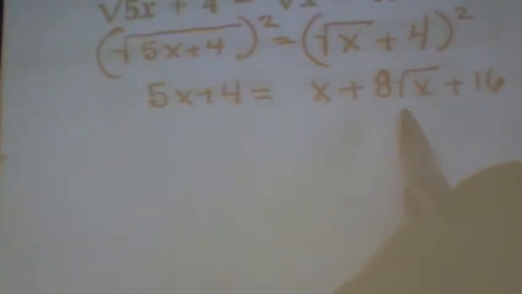You wanna get this by itself, this 8 root x, you wanna get it alone. So these two, ship them to the other side. We're gonna subtract an x, and we're gonna subtract 16. So I get 4x minus 12.